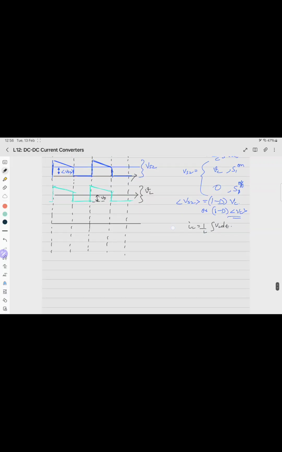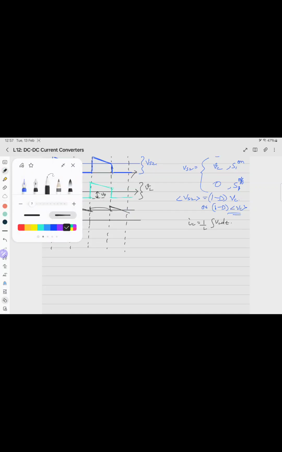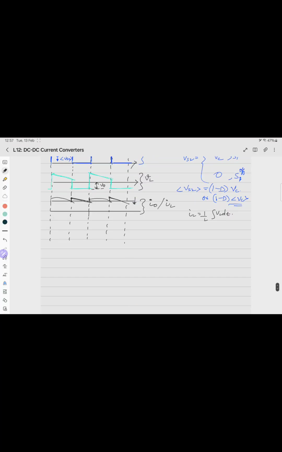Integration of a negative signal is a falling straight-line ramp, so it falls with a slope like this. This waveform belongs to I0 or IL, where this is delta IL and this average value is capital I0.